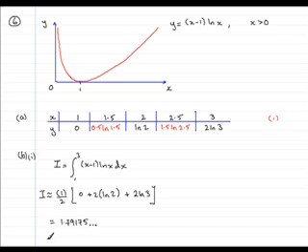Because we've got to give it to 4 significant figures, this will be equal to 1.792, and I'll write in that that's 4 SF. Okay, so that's the end of B part 1, and we move on to B part 2.